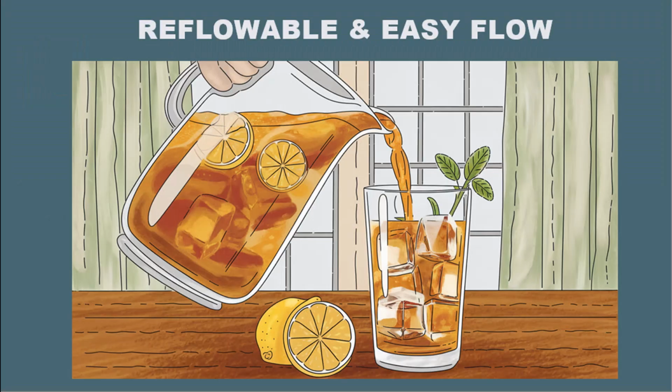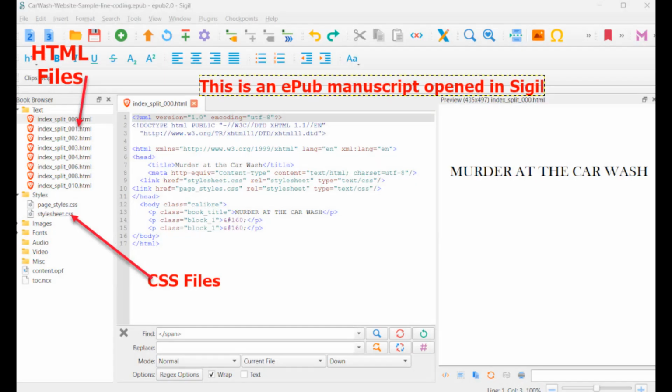KDP refers to ebooks as reflowable and easy flow. What that means is this: when you upload an ebook, your font and headline styles are uploaded and put onto an EPUB style sheet.